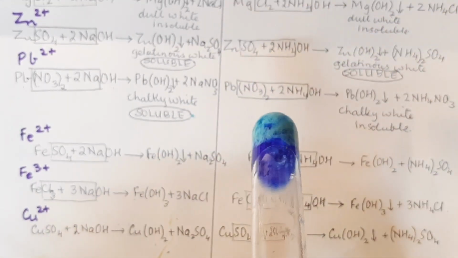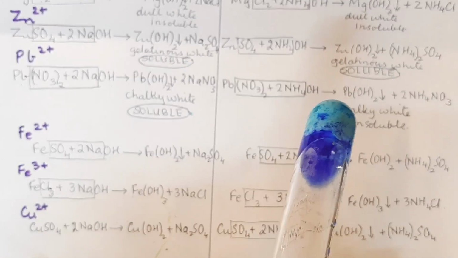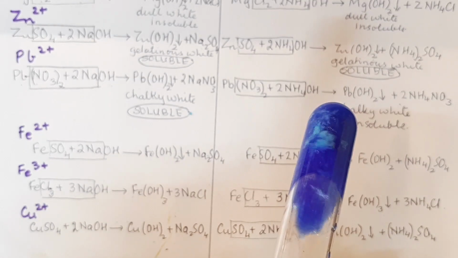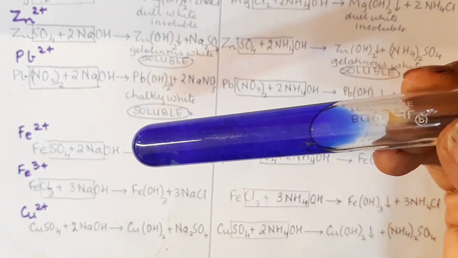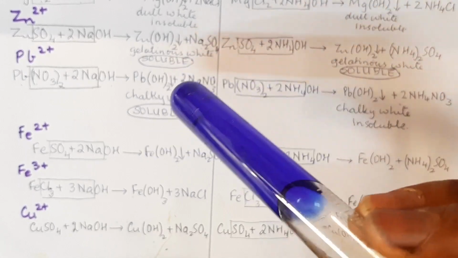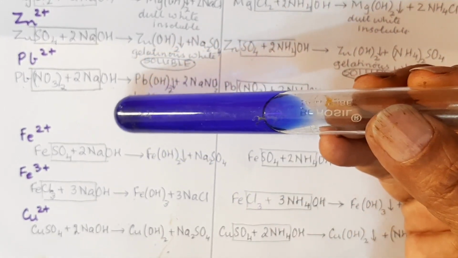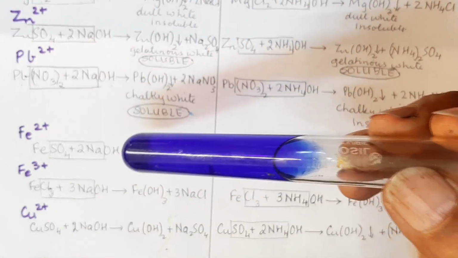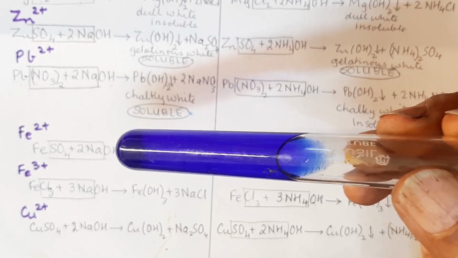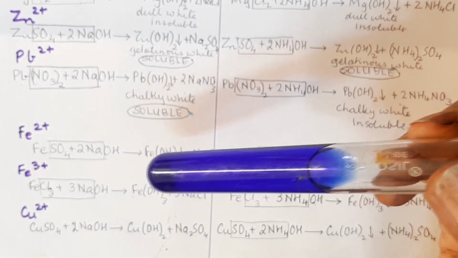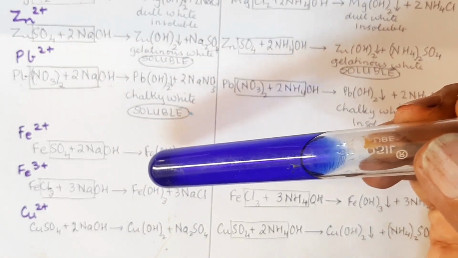And in excess, if I add NH4OH, you will see that the whole precipitate is dissolved and it has formed inky blue solution. Look at that. This is because tetramine copper 2 sulfate is formed, which is a soluble compound. Characteristic of it is the inky blue or deep blue color.